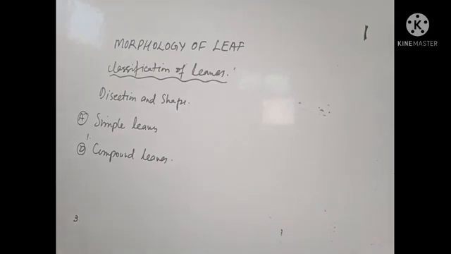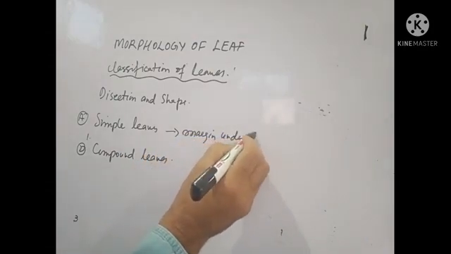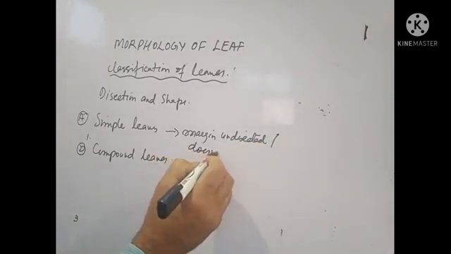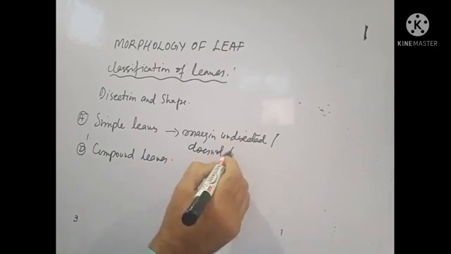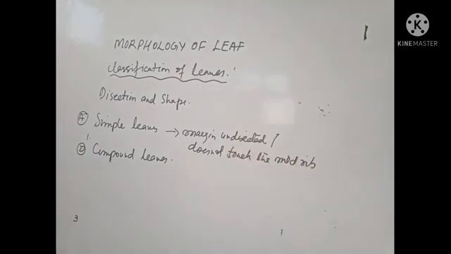Simple leaves: a leaf whose margin is either undissected, or dissected in such a way that the dissecting line does not touch the midrib, as we see in mango, peepal, apple.